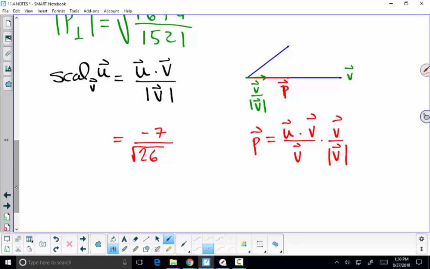The very first time we wrote it as cosine of theta times the length of u, because when we project this vector down, the magnitude of u is the hypotenuse of that right triangle. Magnitude of u times cosine of theta, and then we multiply it by that unit vector. So that's where it comes from originally.